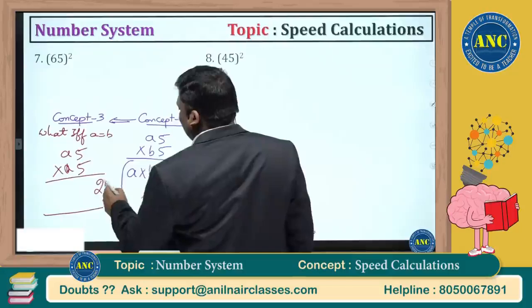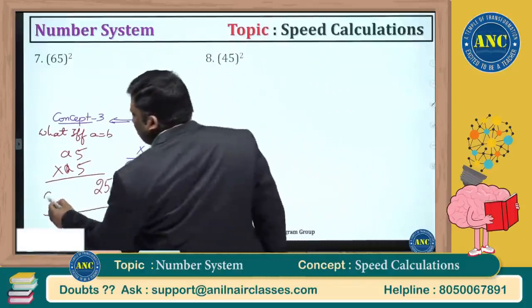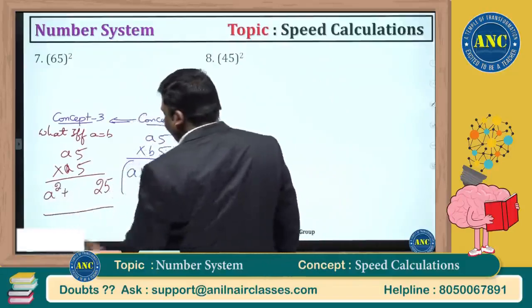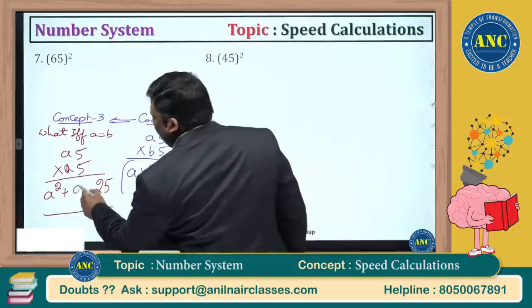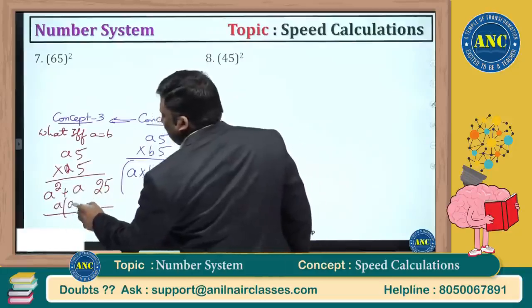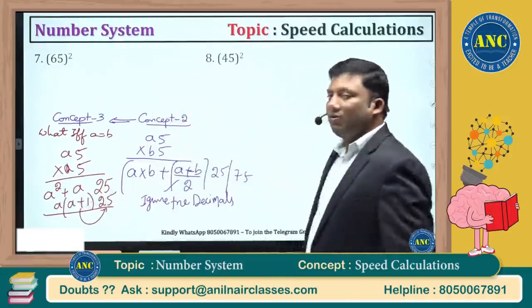The 75 case will not arise. A into B is A into A, A square. A plus B by 2, A plus A, 2A by 2, it is A. So it is nothing but A into A plus 1 ending with 25.